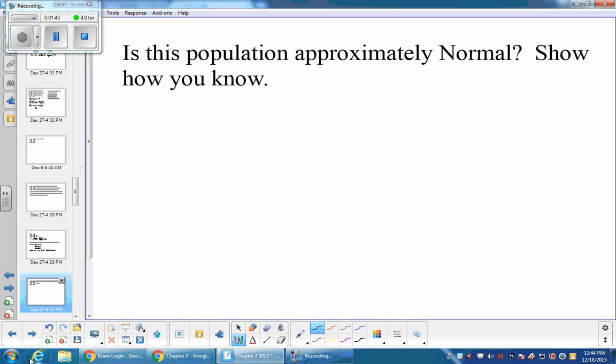Now, is this population approximately normal? To check that, we have to check that n times p is greater than or equal to 10, and n times 1 minus p is greater than or equal to 10.